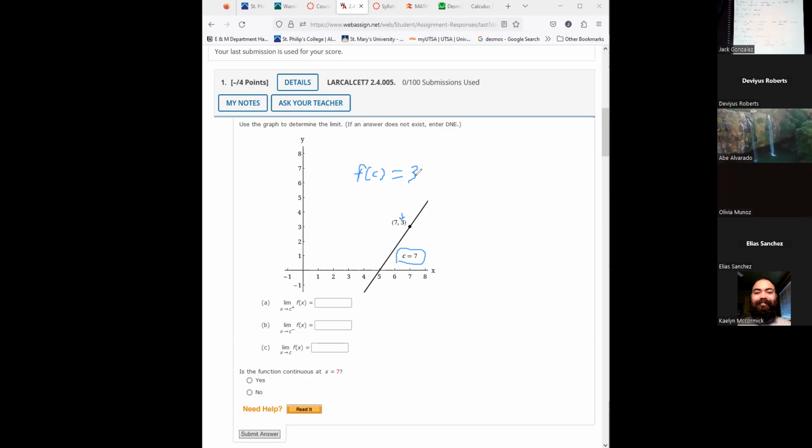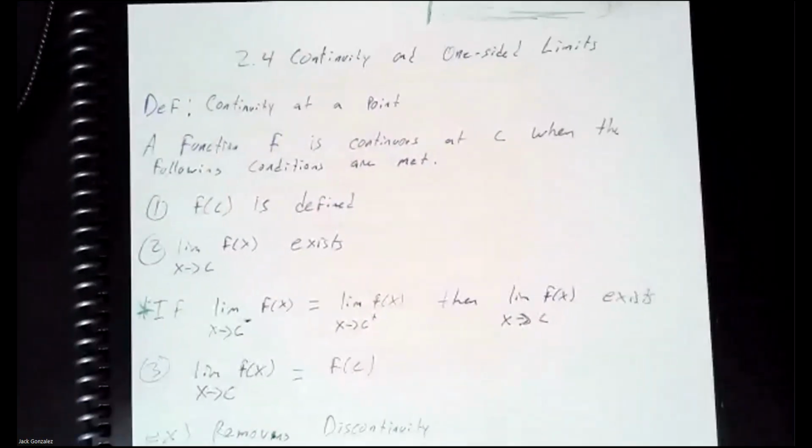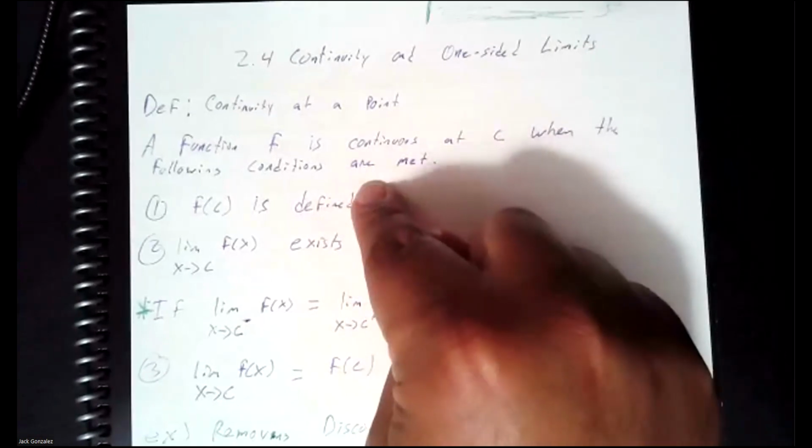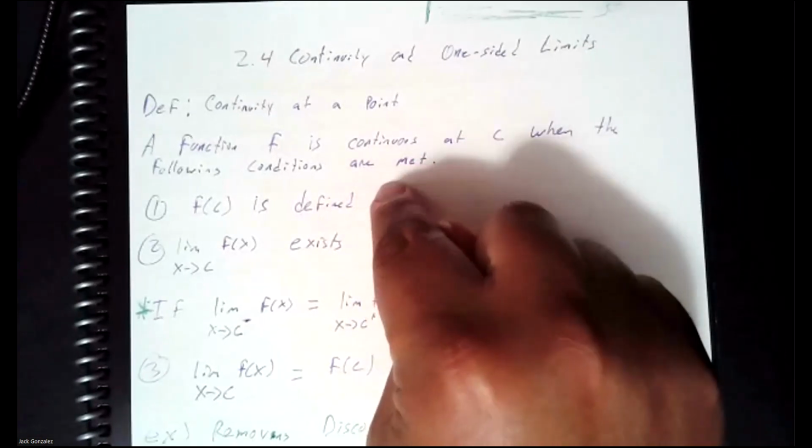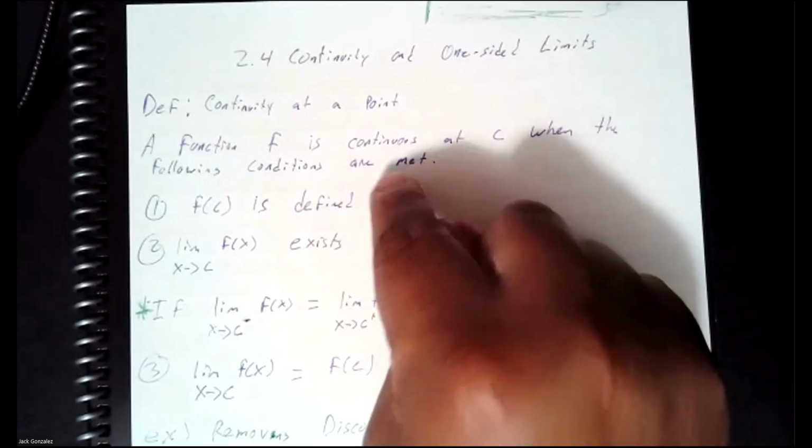So number 1 and number 3 are good, and obviously 2 is good. If you can plug it in, in other words, if F of C is defined, that is a requirement.